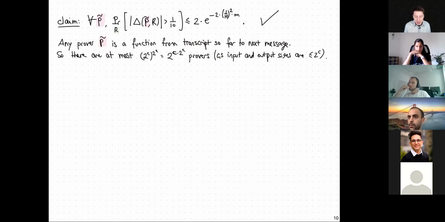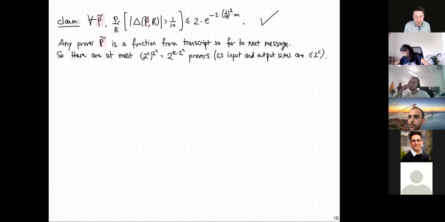So because the transcript is small, there are not too many provers. There are at most 2 to the c to the 2 to the c provers, right? Because these are the number of functions from at most c bits to at most c bits, right?